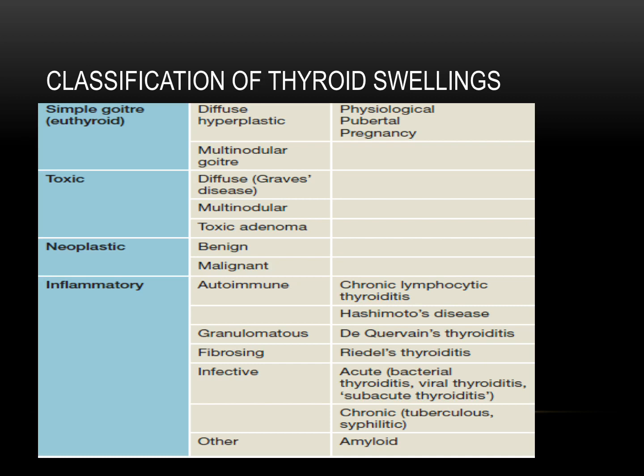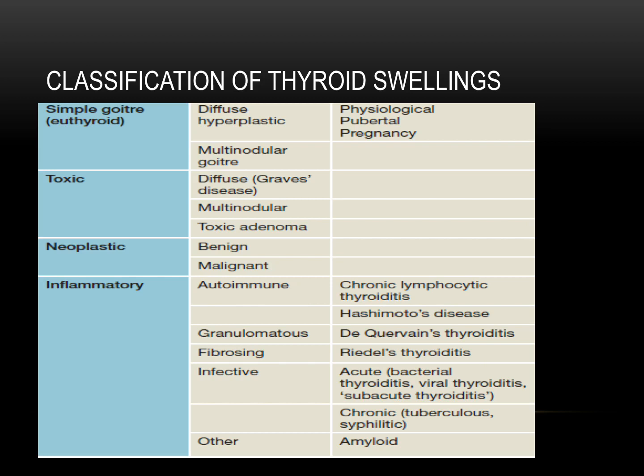Toxic goiter is classified into diffuse toxic goiter (Graves' disease), toxic multinodular goiter, or toxic adenoma. Neoplastic goiter is classified into benign and malignant. Inflammatory goiter is classified into autoimmune, granulomatous, fibrosing, infective, and other.